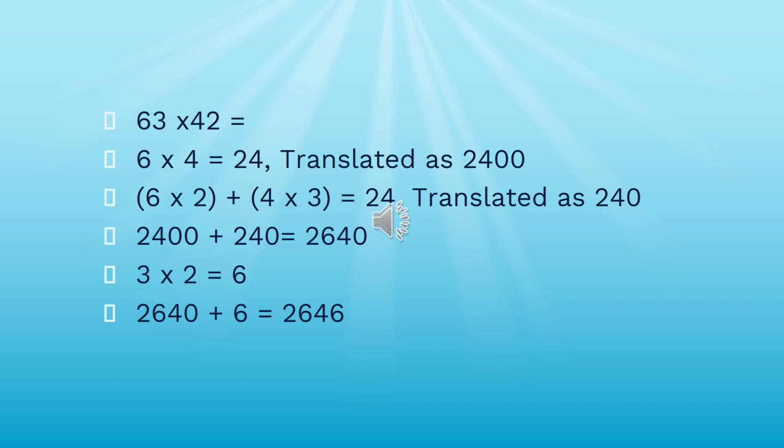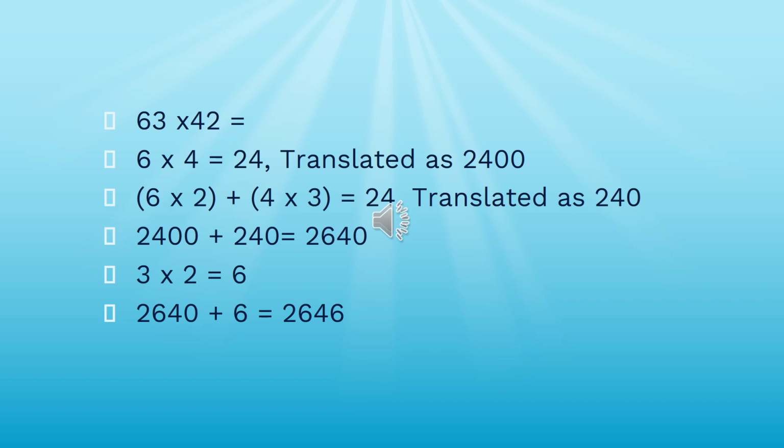Next is to do the crosswise, which is to multiply the first digit of the first factor by the second digit of the second factor, and the first digit of the second by the second digit of the first factor. So we have 6 times 2, that's 12, plus 4 times 3, that's also 12. 12 plus 12 is 24.